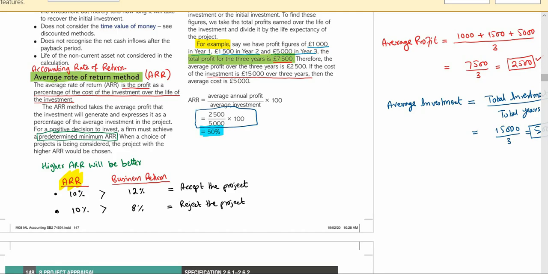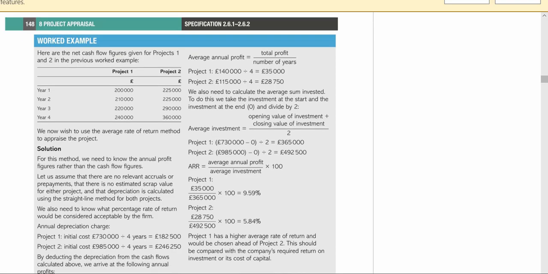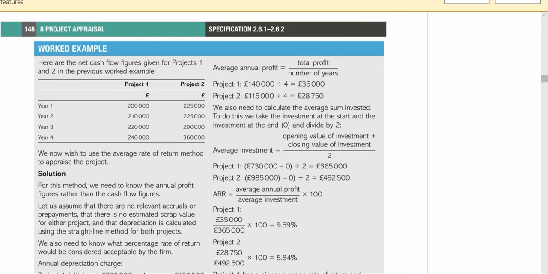Okay. So for practice, let's solve the work example. So here is work example 2. Here are the net cash flows given for project 1.